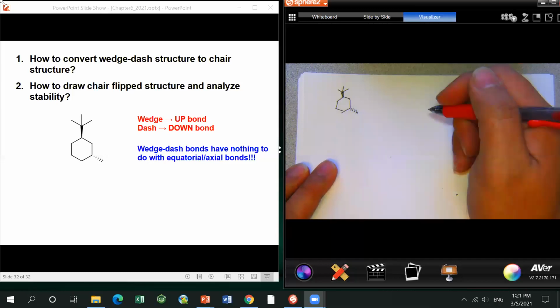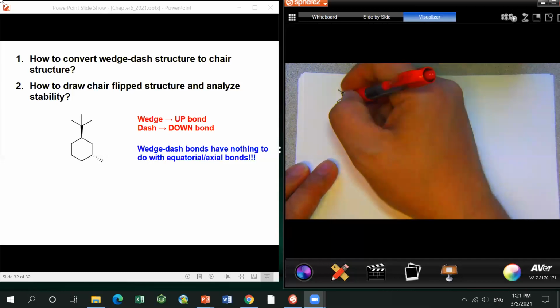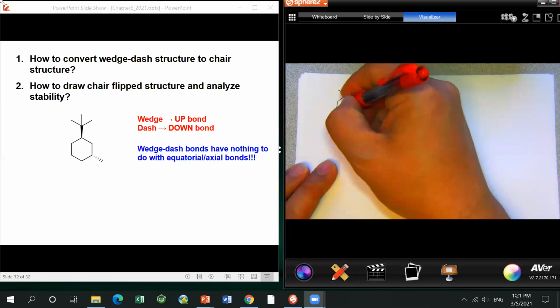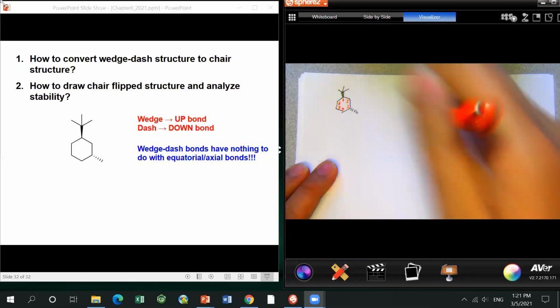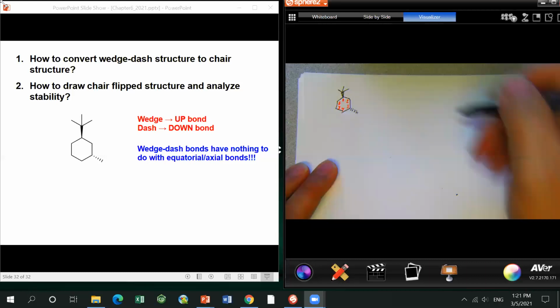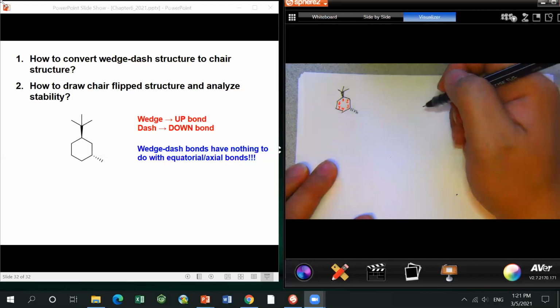This one doesn't matter, so whatever you want. For example, I start with this carbon and go clockwise: 1, 2, 3, 4, 5, 6. Then go ahead and draw the two chair conformations.